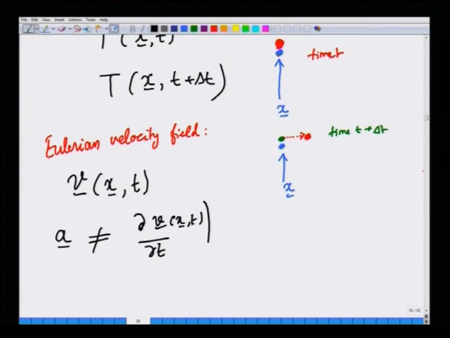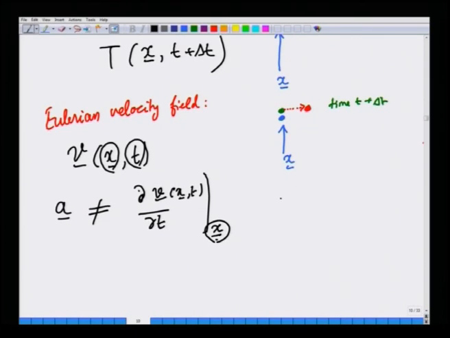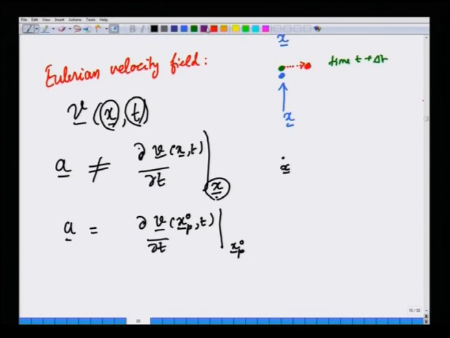Whenever we take a partial derivative with respect to t, we keep the x vector the same, that is, we are merely looking at the variation of velocity at that point as a function of time. Acceleration, really speaking, is the rate of change of velocity of a fluid particle, so it is inherently a Lagrangian quantity.